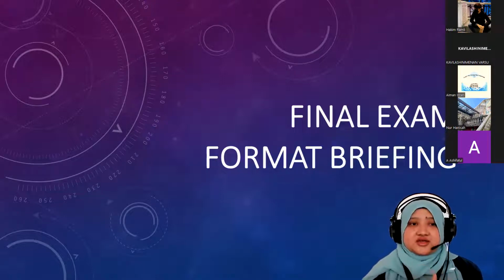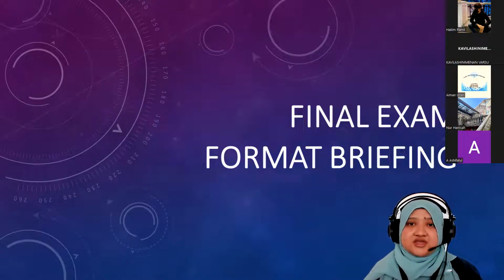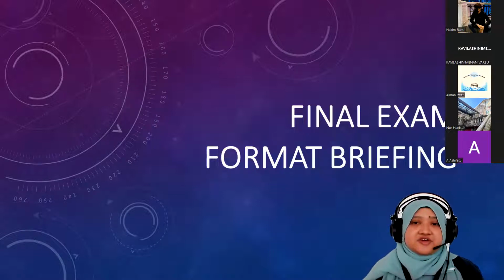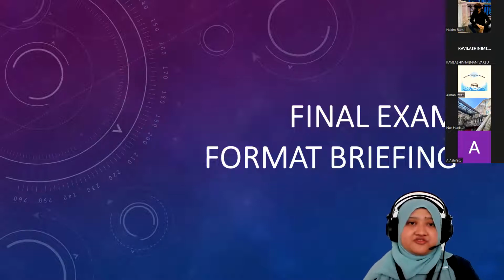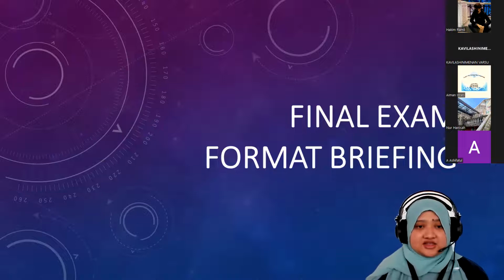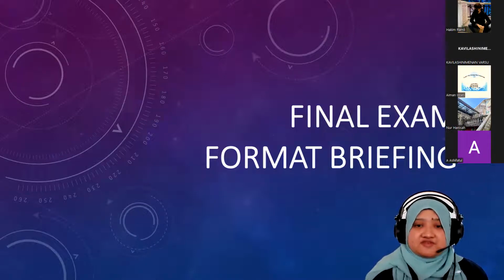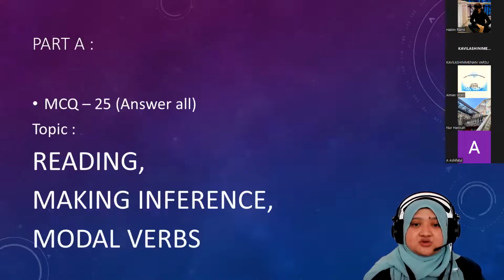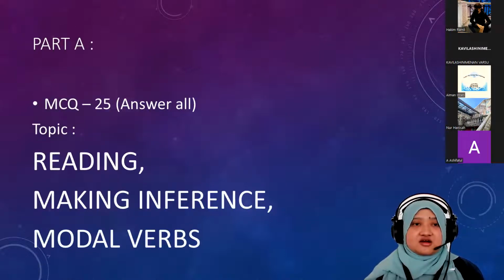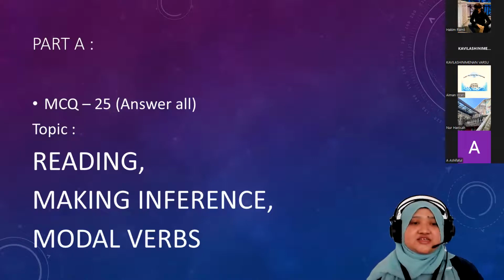So for this hour's session, I'll be reviewing the final exam format briefing for the subject English for Academic Enrichment, UCS 1353. At present, there are two parts of the examination.